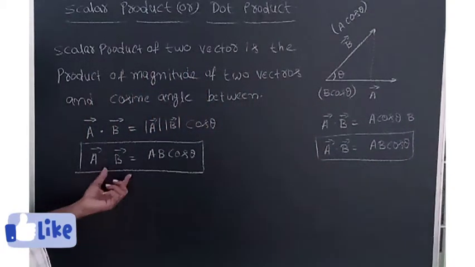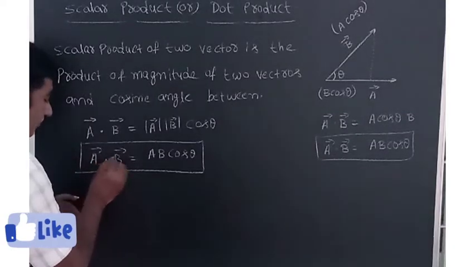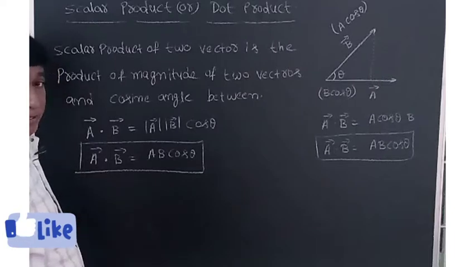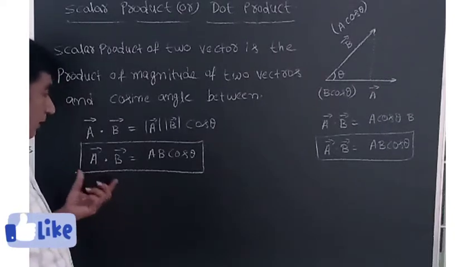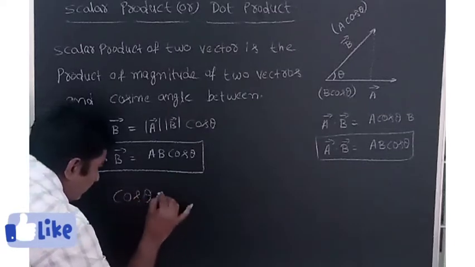But in most cases we can remember directly that A vector dot B vector equals AB cos theta. With the help of this equation we can find the angle between two vectors.